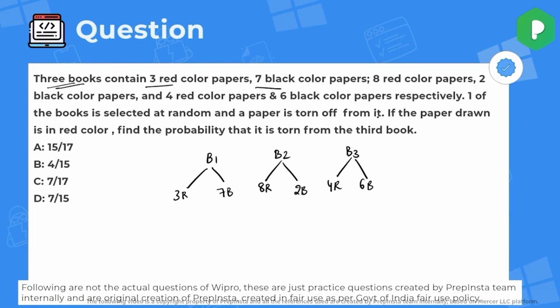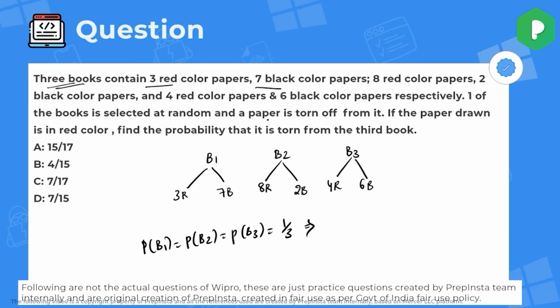So this is the data given and he is choosing one book at random. The probability of choosing one book among these 3 books is P of B1 equal to P of B2 equal to P of B3 equal to 1 by 3. So you can choose any one book from among the 3 books, right?